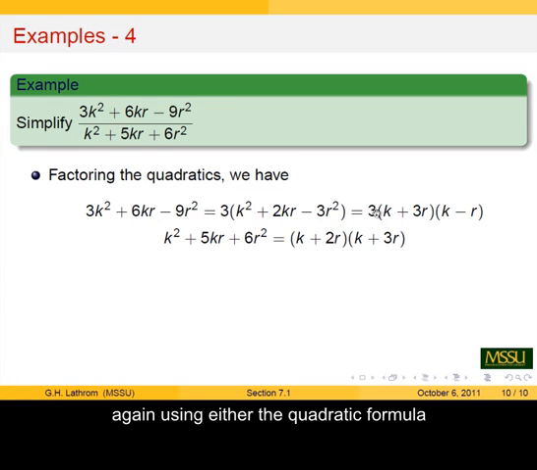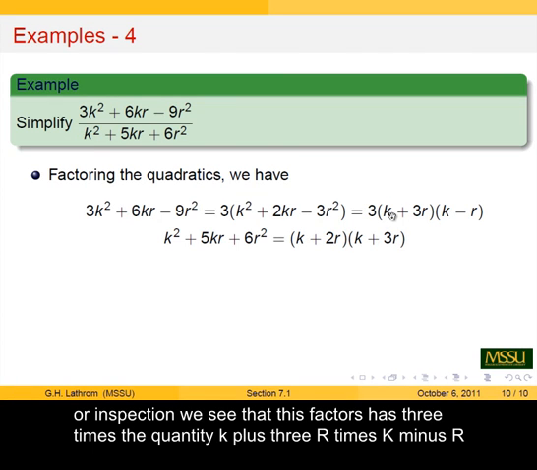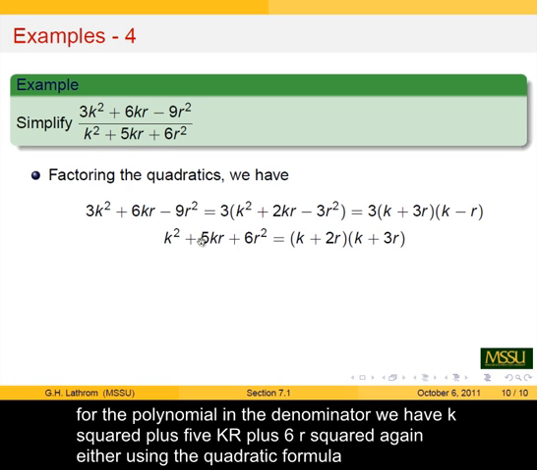Again, either using the quadratic formula or inspection, we see that this factors as 3 times the quantity k plus 3r, k minus r.